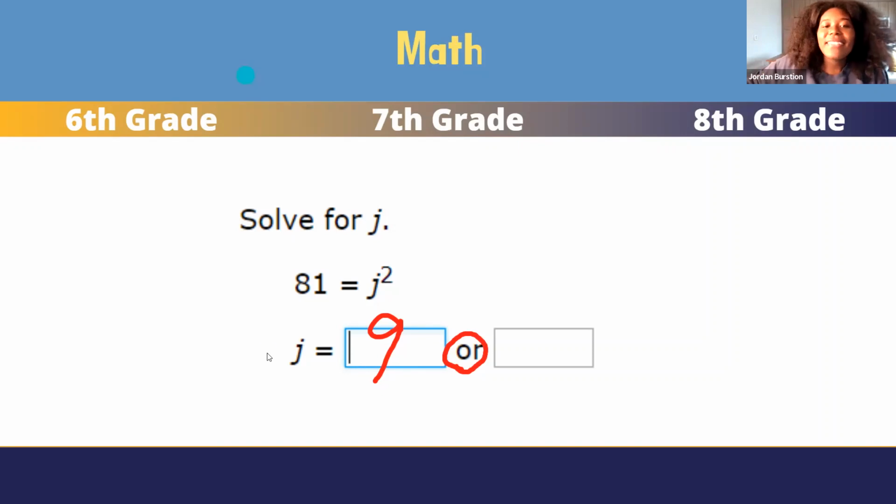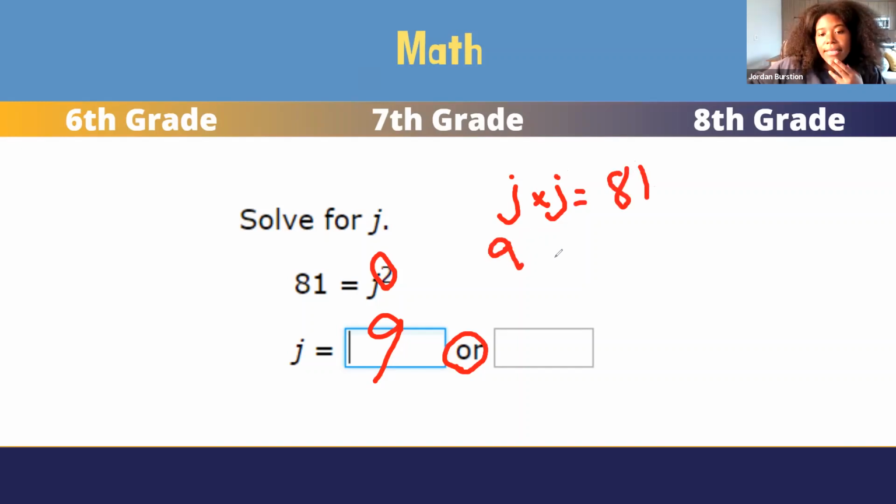That's okay. So when we're dealing with squaring numbers or powers, it means we're going to multiply that number by itself so many times. In this case, it's 2 times. So you could do 9 times 9 equals 81.